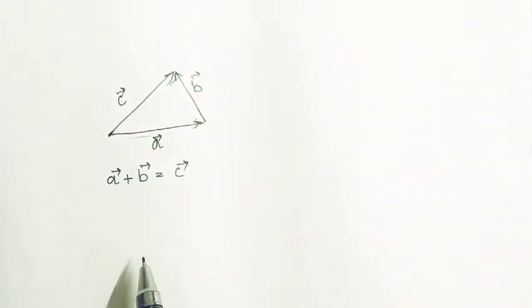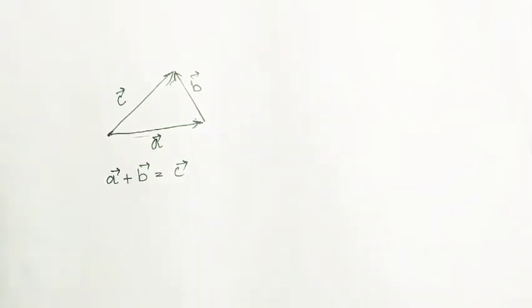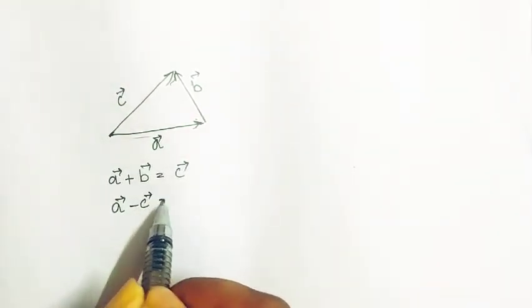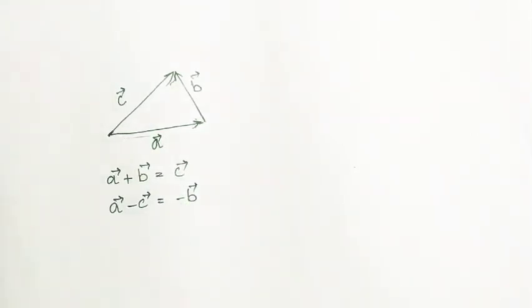But from here, if I do that, a vector minus c vector equals minus b vector. This is simply a mathematical calculation, and you get these things in the series Vector Mathematical Tool of Necessity on this YouTube channel, along with the deductions of the parallelogram law and the triangle law.